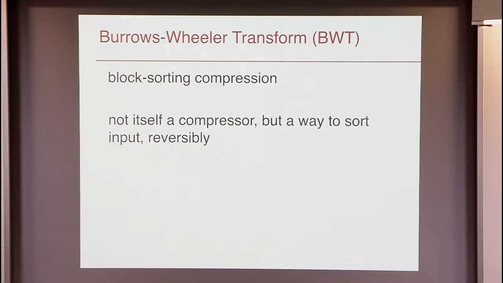It is not itself a compressor. It's a way to sort input reversibly in efficient space, such that it lends itself to run length encoding. Right? What we get is a lexicographically sorted string that we know how to unscramble back into what it came from. And because it's lexicographically sorted, it can be run length encoded very efficiently.